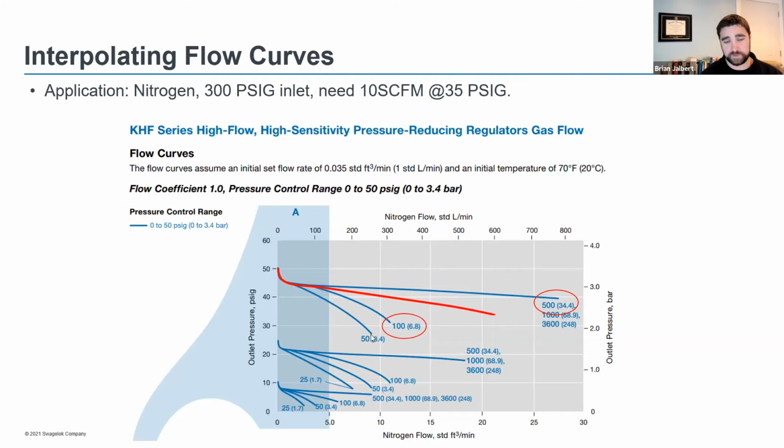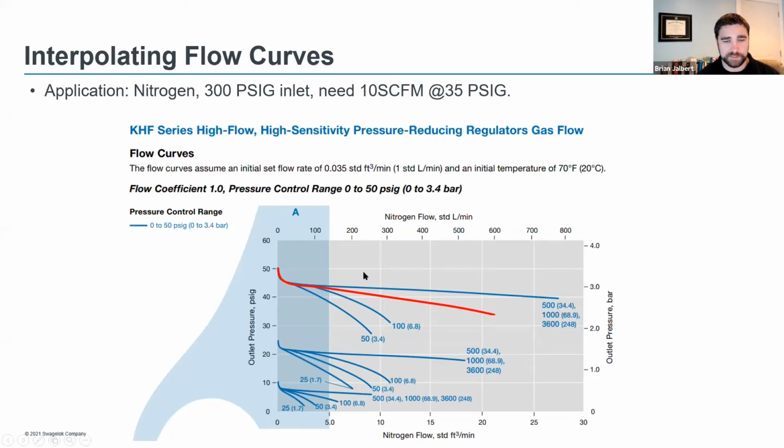Let's say we were trying to do 75. Because we're underneath that subcritical flow mark, you can't just put 75 right in the middle of this. It's going to be closer to the 50 line because of that subcritical flow calculation. So I really only like to interpolate flow curves when we've got critical flow. So that gives me my flow curve.